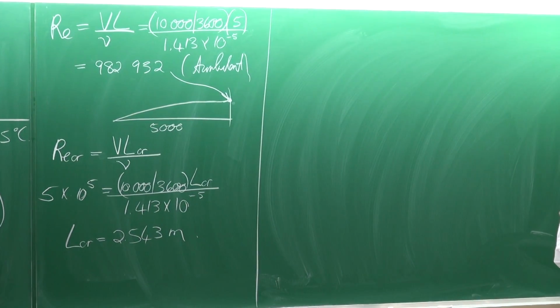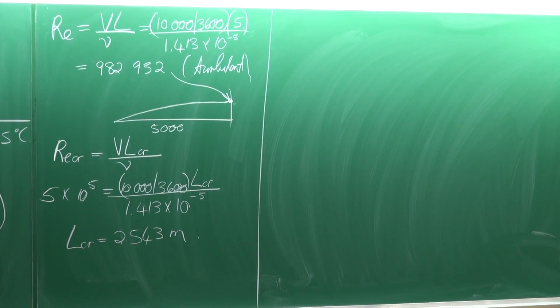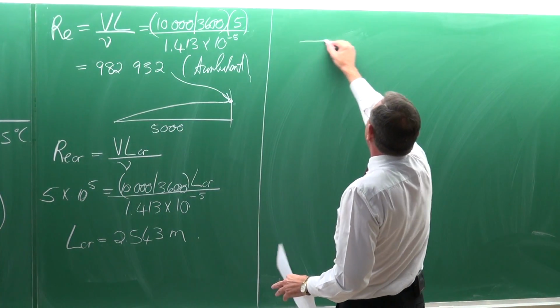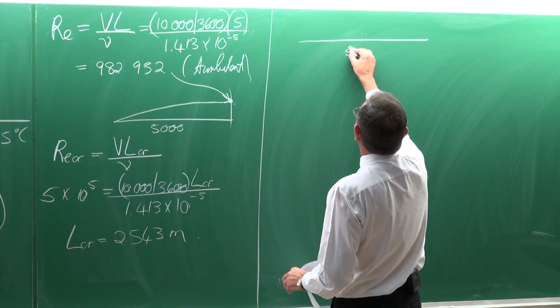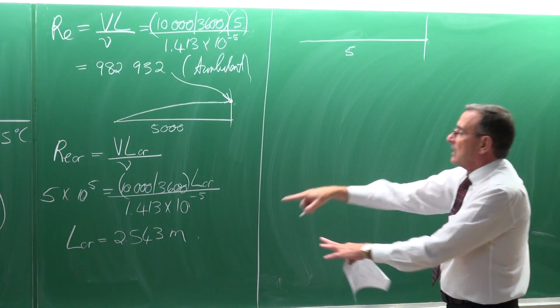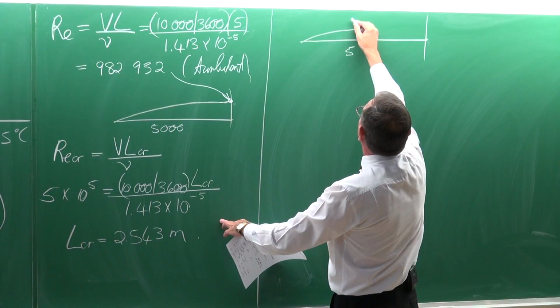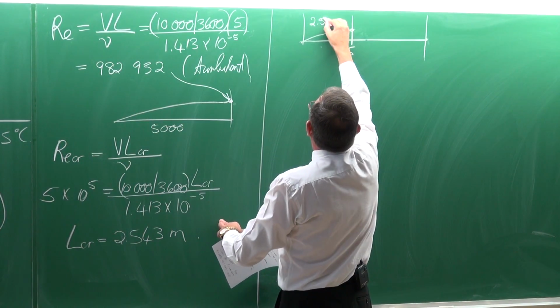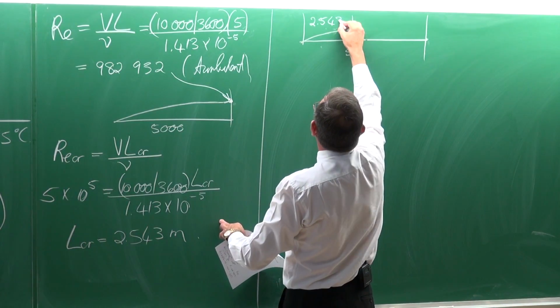Right, making sketches is important because it helps you to get a better perspective on things. So this plate is 5 meters in length. We know the flow there is turbulent, and this tells us the flow is going to change from laminar to turbulent at 2.543 meters.